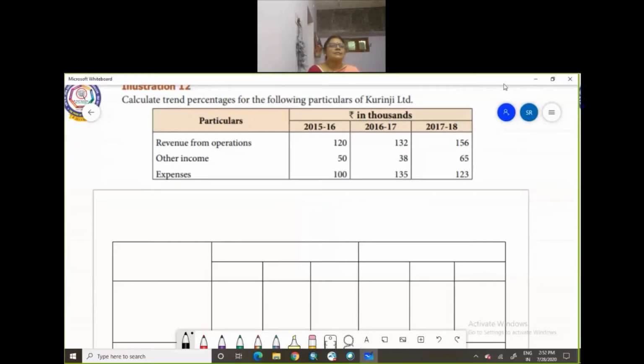Particulars of Kurunji Limited, trend analysis. The figures are in rupees and in thousands.